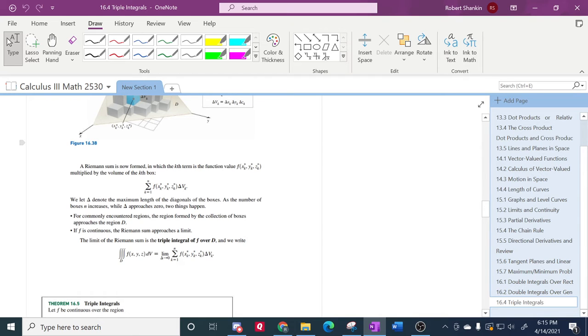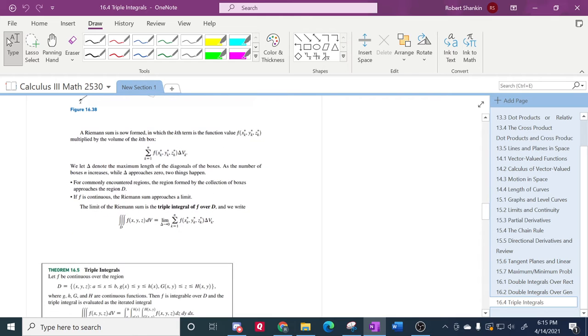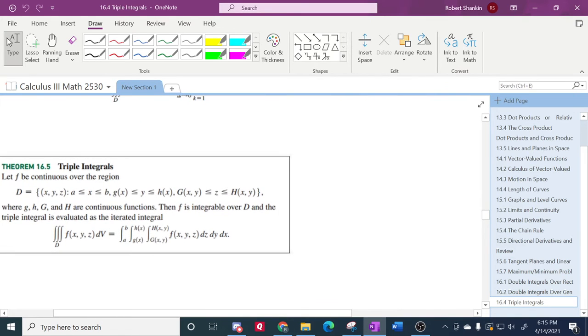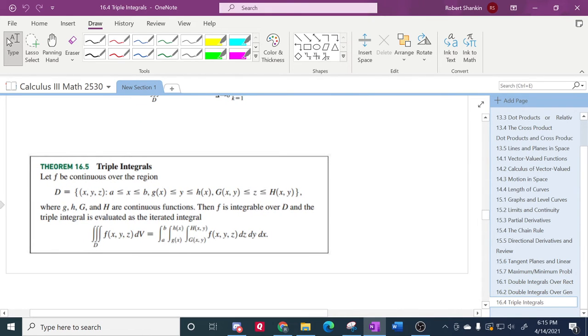So, the summation of all those representative points times the volume of each of these pieces. And then, again, the triple integral, we eventually turn it into iterated integrals. Okay, now this region D: notice if dx is the last one, then these have to be constants, a and b.